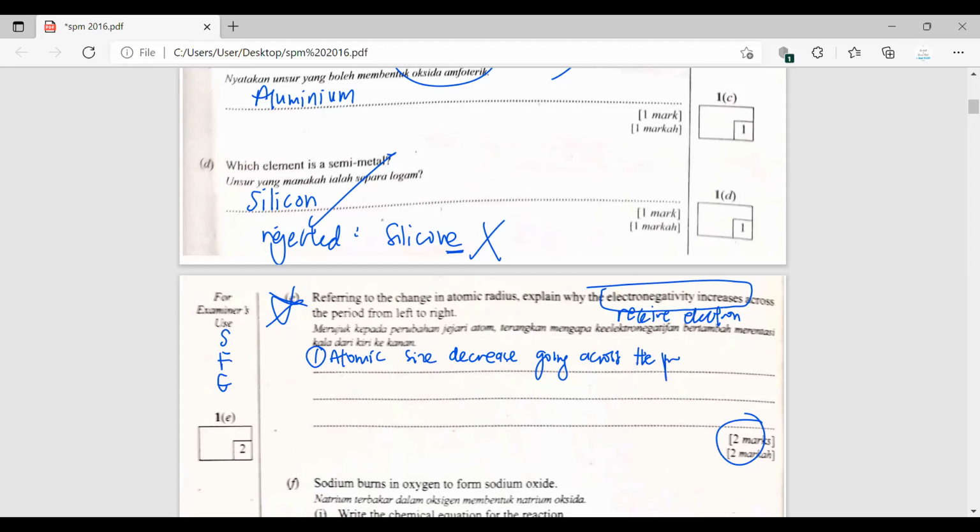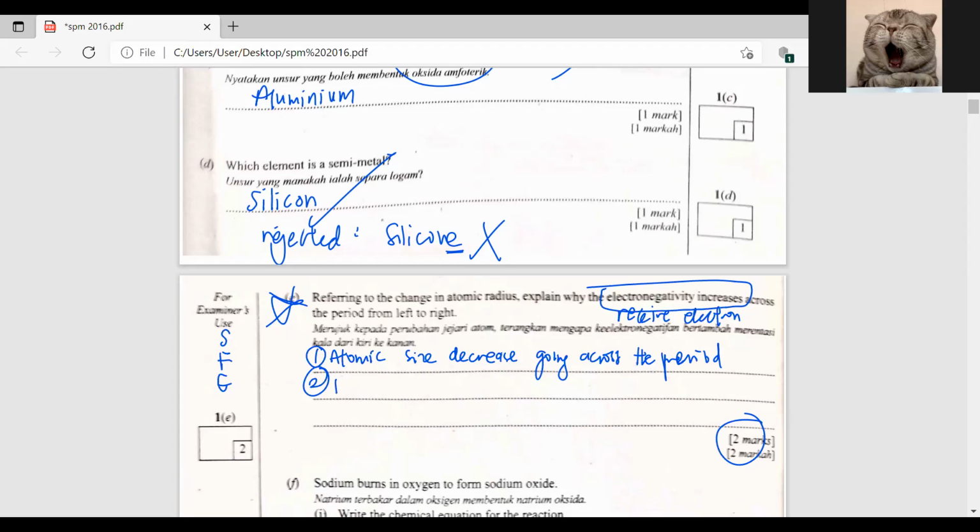Now, when my atomic size decreases, what happens? What's my F? Force. Very good. I heard somebody. Correct. Caroline, was it you? Yes, sir. The forces of attraction between the nucleus and valence electron become stronger. Very good.